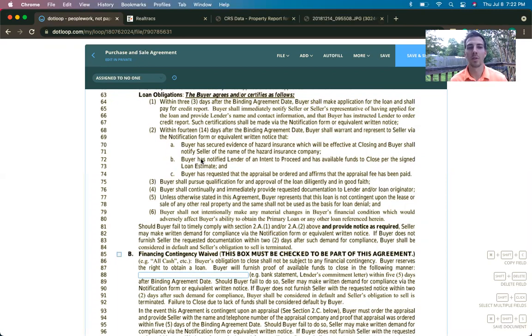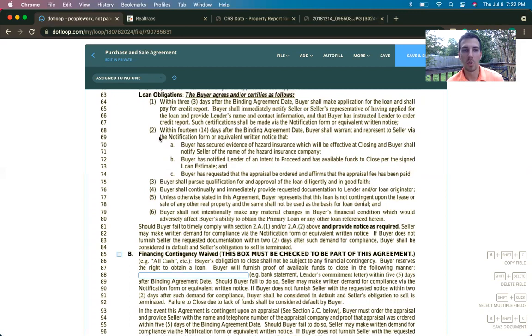Line 64, within 3 days after the binding agreement date, buyer shall make application for the loan and shall pay for the credit report. Buyer shall immediately notify seller of having applied for the loan and provide the lender's name and contact info, and that they've ordered the credit report. So within 3 days, they have to make the application for the loan and pay for the credit report.